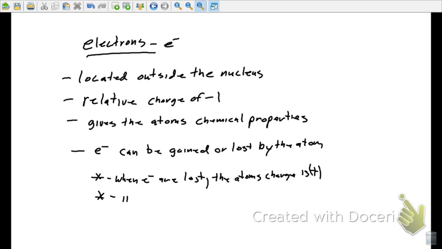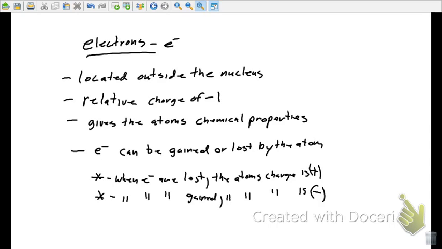When electrons are gained, the atom's charge is negative. And then when they're equal, well, that's going to be neutral.